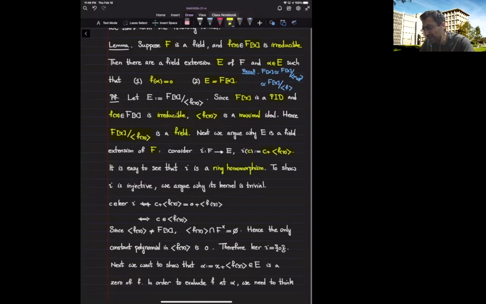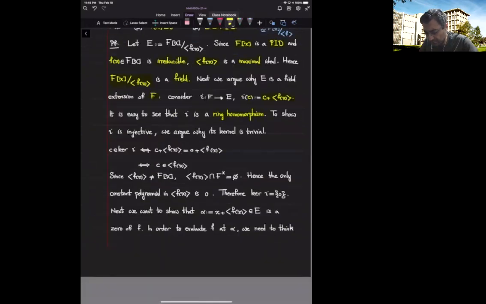Alternatively, I can say that c belongs to the kernel of I precisely when the coset represented by c is the zero coset. And that is equivalent to saying that c belongs to the ideal generated by f. But remember, the ideal generated by f is a maximal ideal, and therefore it's a proper ideal. And a proper ideal can never have a unit.